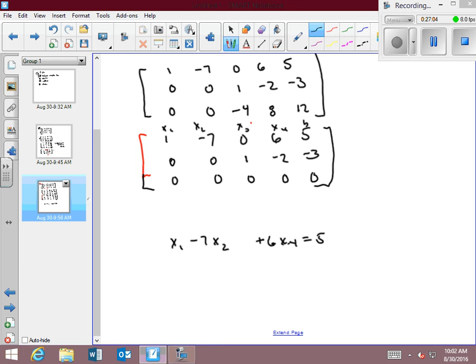And then we got x3 minus 2x4 equals -3. And we got x2 and x4 are floaters, right?